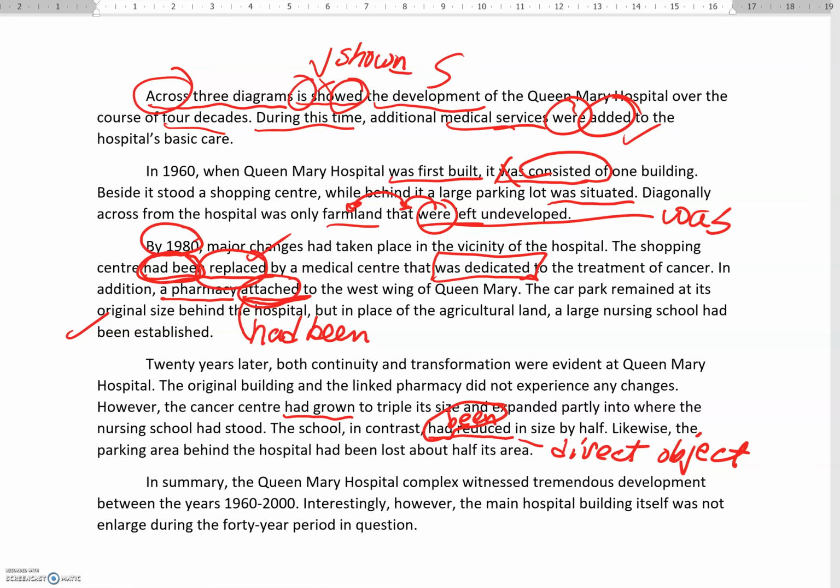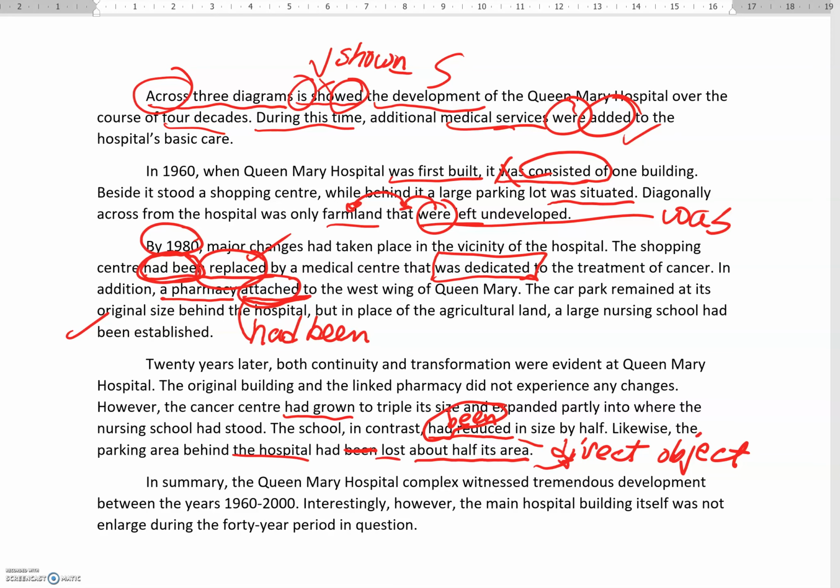Next sentence. Likewise, the parking area behind the hospital had been lost about half its area. Aha, you see here, half its area is the direct object. And so in this case, we would expect this to be an active verb. So no had been, no verb to be, had lost. And the hospital can lose half its area.